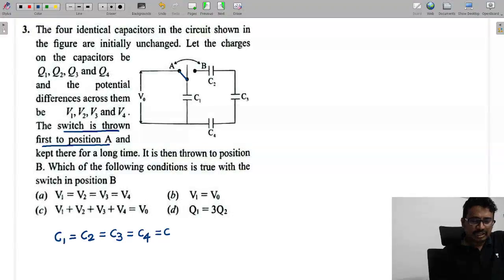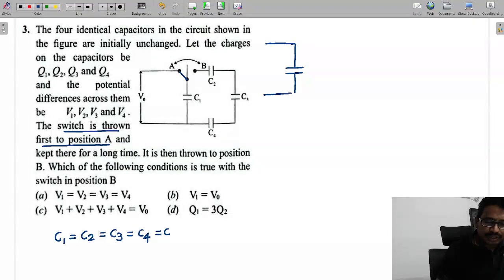So what will the circuit become? I have one capacitance, and all the capacitance values are equal. The voltage here is V0, and this capacitance is C1 equal to C. This connection is established.